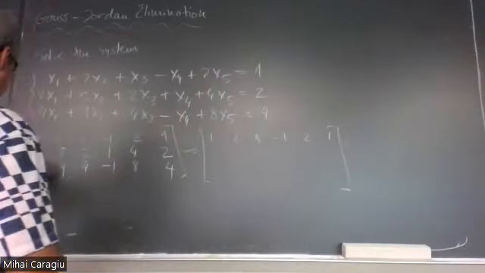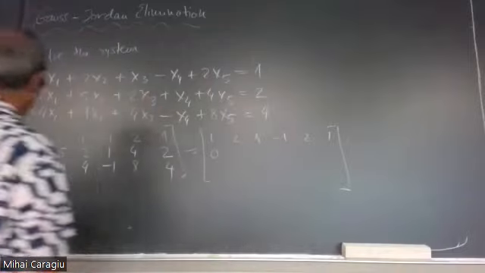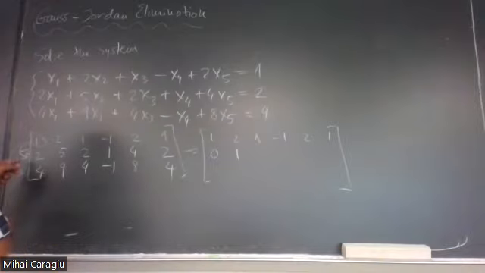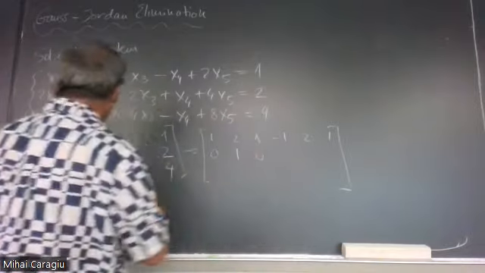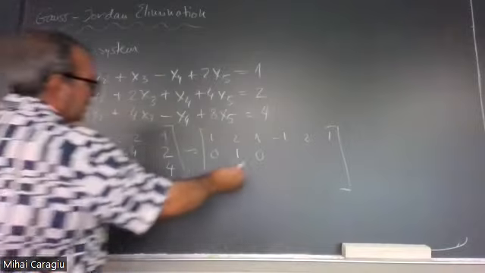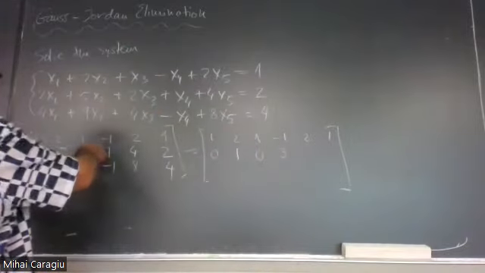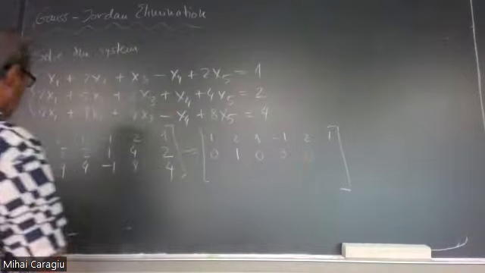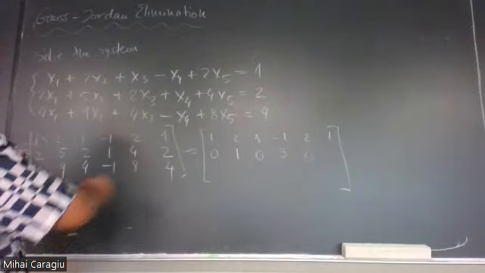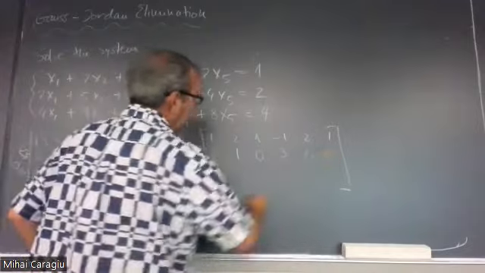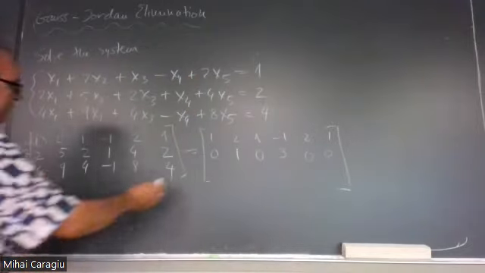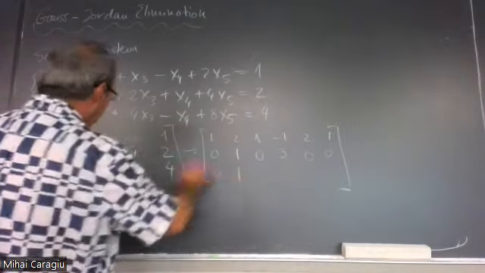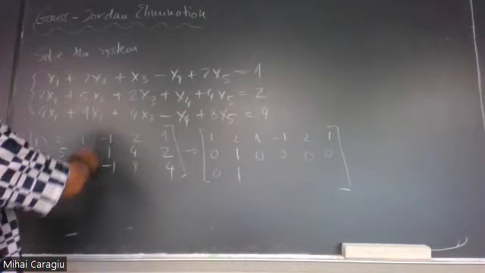Second row: 0, 1, 0, 3, 0, 0. Third row: 0, 1, 0.